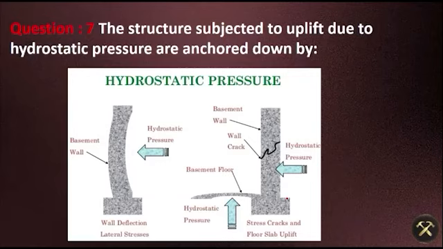If you are constructing a water tank, sometimes the tank is empty, or even if it's full, there is one force, hydrostatic pressure, which sometimes tries to lift the structure. So what type of anchor or support do we use to hold the structure in its proper place?